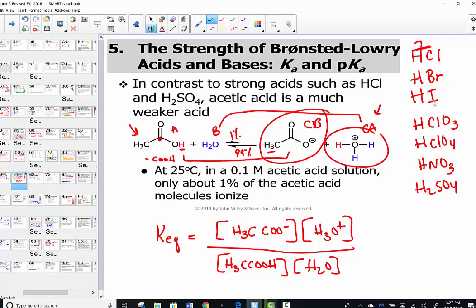The equilibrium expression, products over reactants, where the brackets stand for molar concentration units, moles per liter.